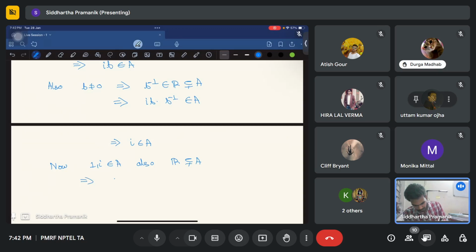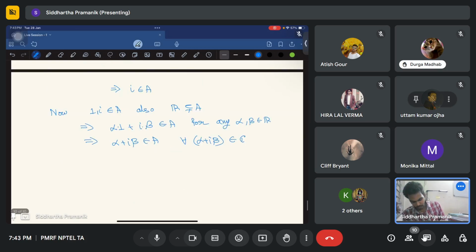That will imply alpha times 1 plus i times beta belongs to A for any alpha and beta in R. So alpha plus i beta belongs to A for all alpha plus i beta belonging to C. So this will imply A is exactly equal to C because it contains all complex numbers.